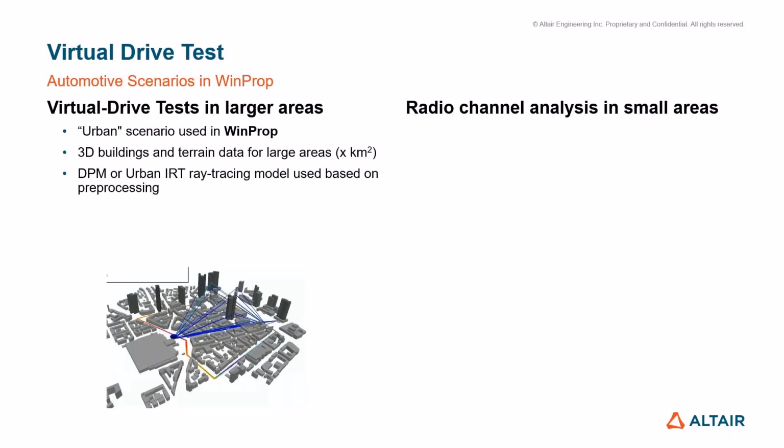The typical propagation models that we use for this type of simulations is either the dominant path model or the urban IRT model, which is a ray tracing model that uses pre-processing for acceleration of computations. In this case, the receiver antenna effect is also added to the simulation in a post-processing phase.